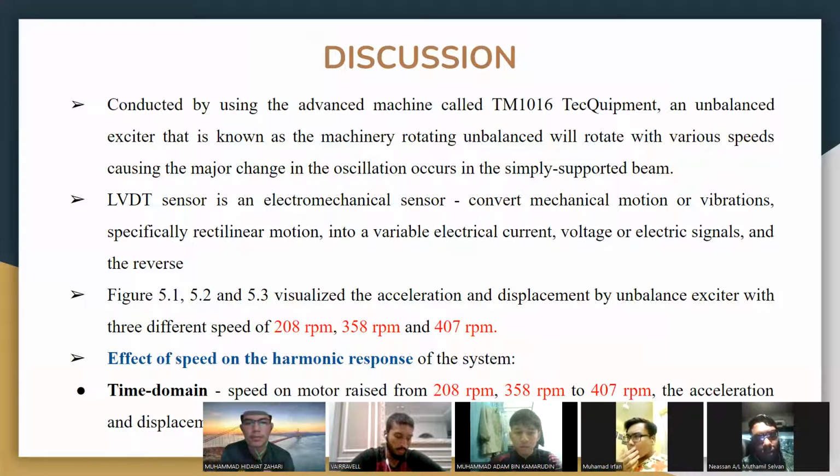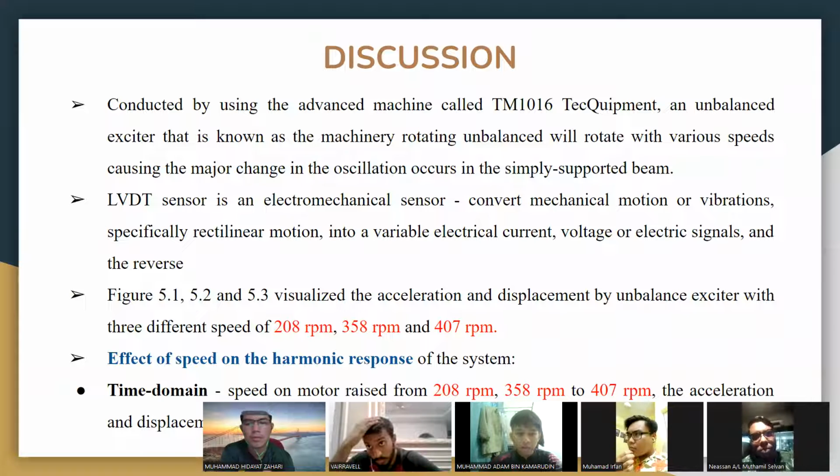In this experiment there is also the use of an LVDT sensor, which is an electromechanical sensor that converts mechanical motion or vibration, specifically rectilinear motion, into a variable electrical current, voltage or electric signal, and the reverse.